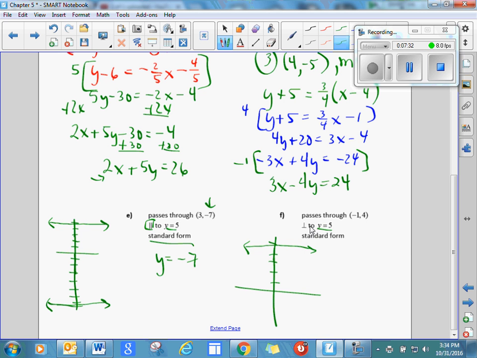It needs to be perpendicular to it, so it's going to pass through negative 1, 4, right here, and it is going to be this line right here, which is going to be x equals negative 1. This is making a 90-degree angle. These two lines are parallel. So E and F are special examples, again, of those lines that are perfectly horizontal or perfectly vertical, and their format is just a little bit different.